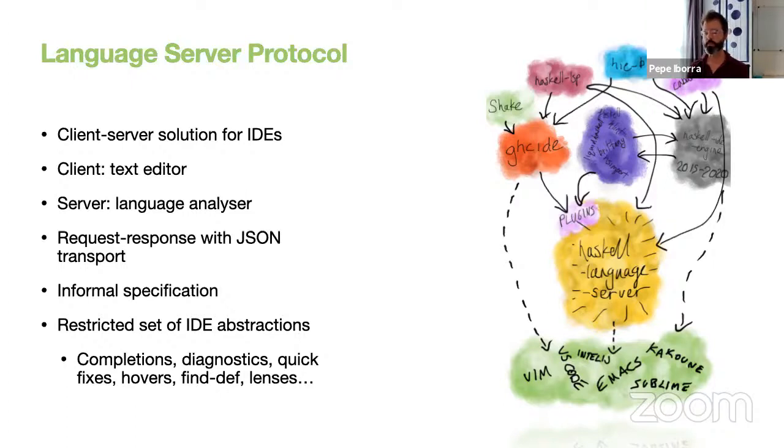It's an LSP server, a language server protocol server, and LSP is a clever solution to the IDE problem, which is that every IDE for a programming language P is doomed to fail unless it is written in P itself, because otherwise contributors will be discouraged from collaborating and writing code for it and maintaining it. We have seen examples of that in the Haskell community many times over the years.